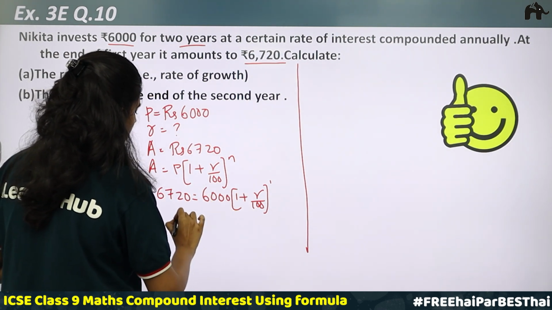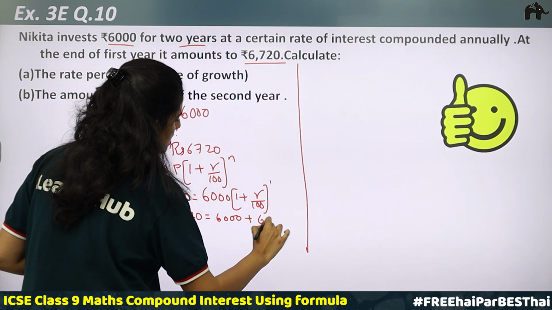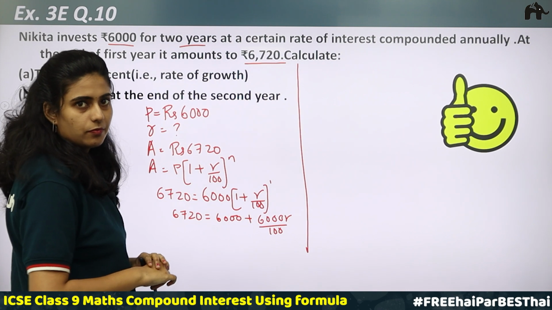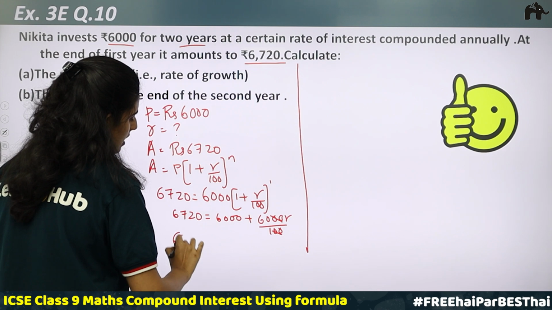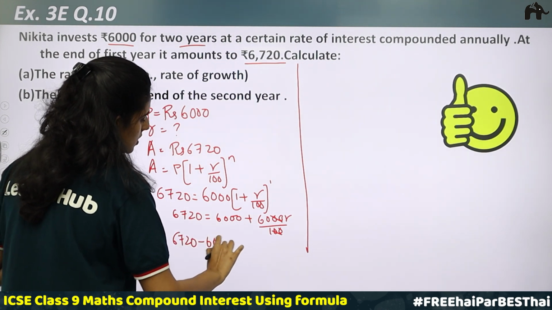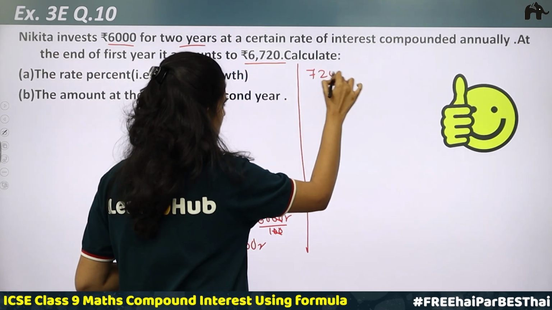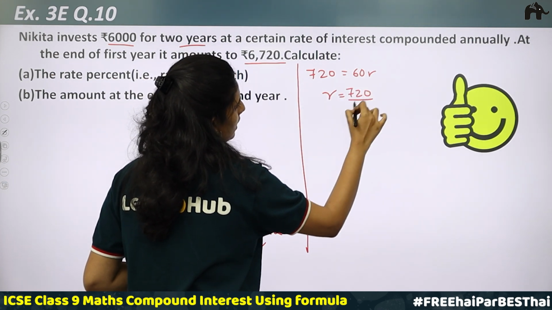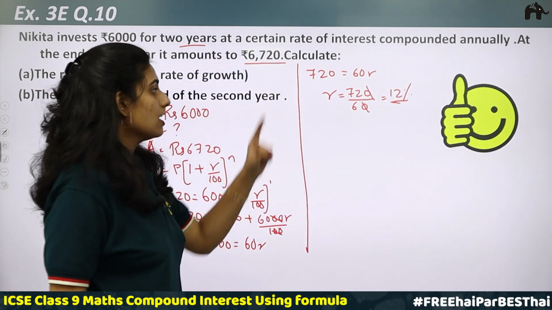So, we'll be having 6,720 equal to 6,000 plus 6,000 r divided by 100. Okay. So, cancelling zeros, you get 60 r. 6,720 minus 6,000 is equal to 60 r. When you subtract, you get 720. 720 is equal to 60 r, which means r is equal to 720 divided by 60. Cancelling, you will be getting 12%. So, the rate of interest is 12%.